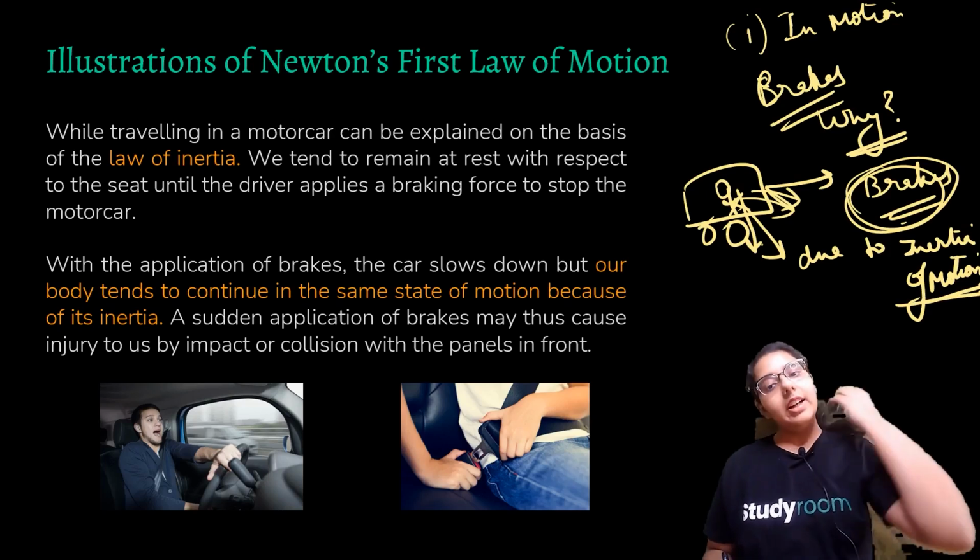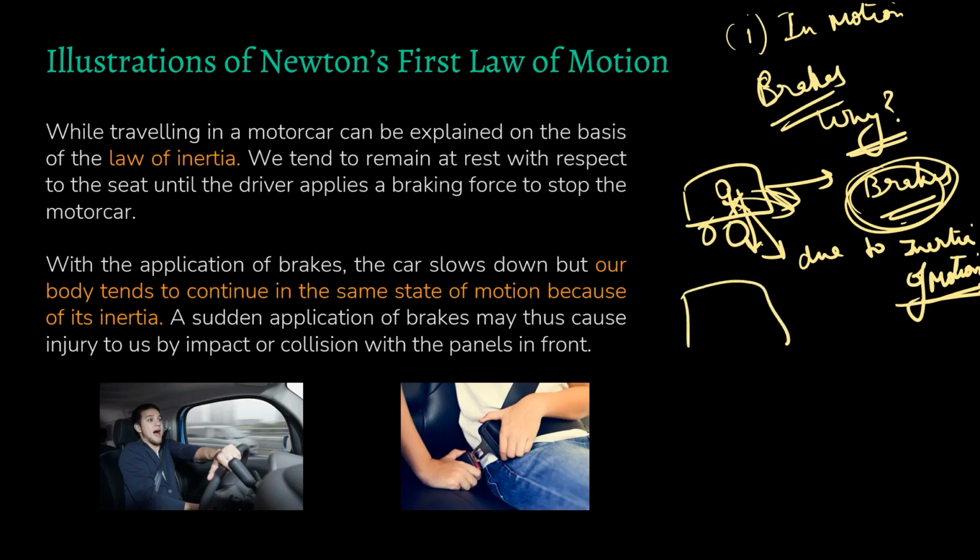Okay, and we see another case. For example, you just sat in a bus, and your bus, initially it was at rest, and it started moving. So whenever your bus or your car starts moving, you'll see that you are pulled backwards. Why do you fall in the backward direction when it suddenly starts?